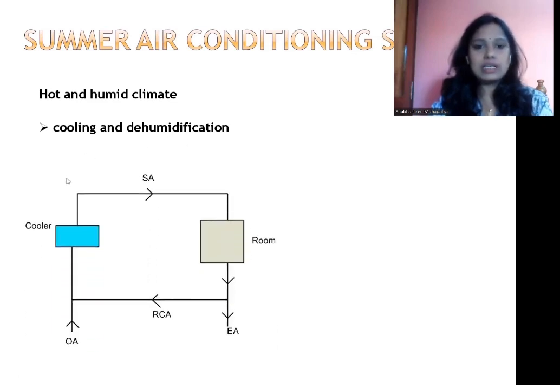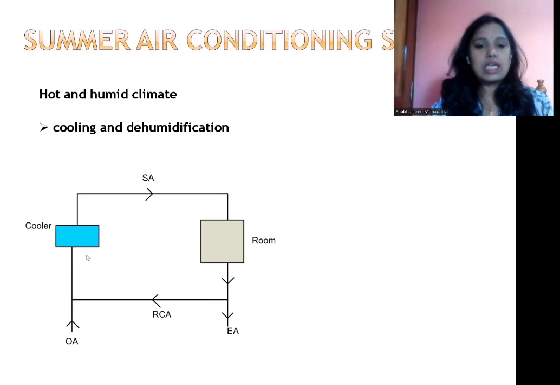Let's take the basic diagram for the summer air conditioning system. This is the room where the conditioned air should be sent. The air leaving this conditioned room, some portion will be exhausted to the atmosphere, and some portion will be used as recirculated air.